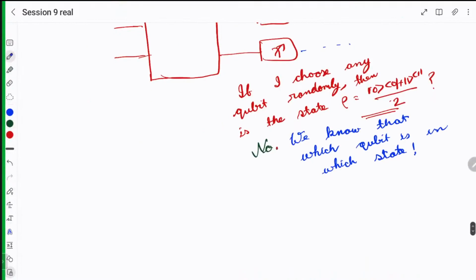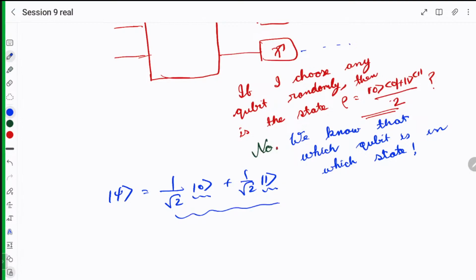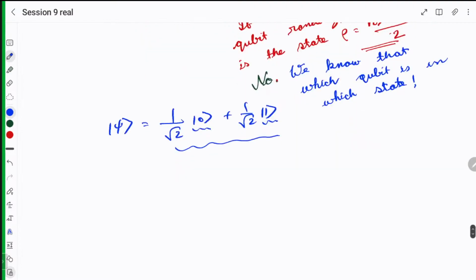So let's now contrast it with objective ignorance. When we had a superposition state, let's say 1 by root 2 0 plus 1 by root 2 1, we don't know whether I will get 0 or 1 on measurement, but this is not due to my ignorance. In this case, even the object, which is the quantum state itself, does not know whether it is in Ket 0 or Ket 1.